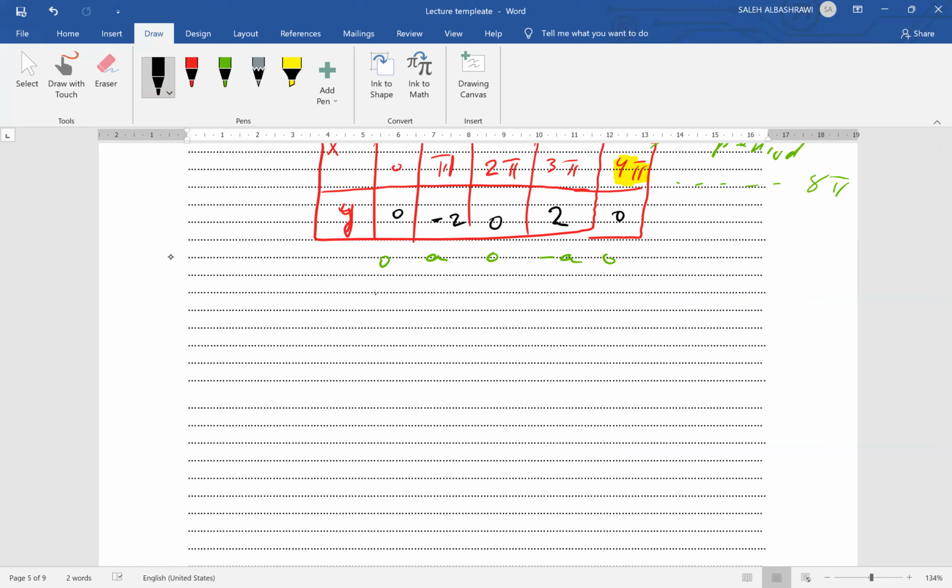So we can graph now the sine function on one full period. Start with 0, then we have 1 pi, 2 pi, 3 pi, and 4 pi. And this is 1, this is 2, minus 1, minus 2.